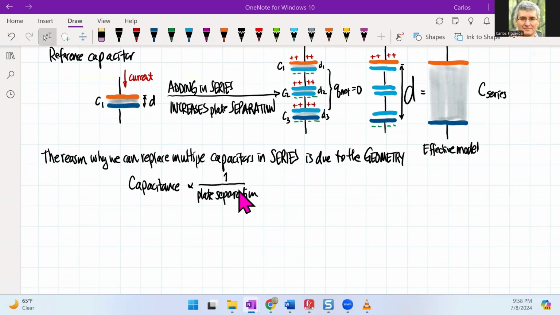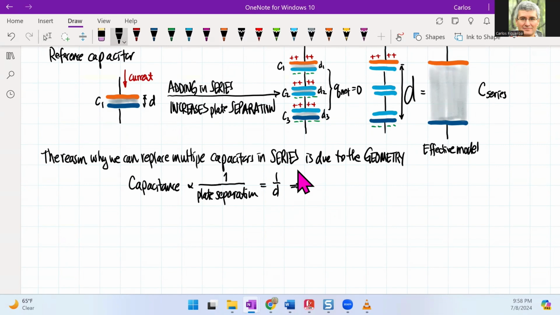So this tells us that this guy is proportional to 1 over D. So the way we add these then is that we can replace these guys. So that tells us here, let me be careful here.